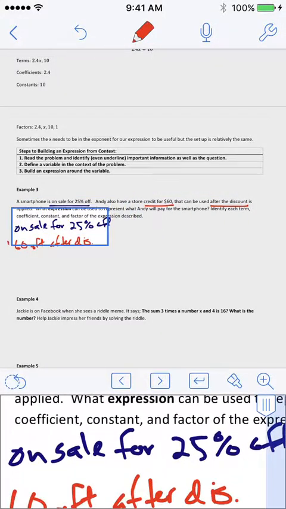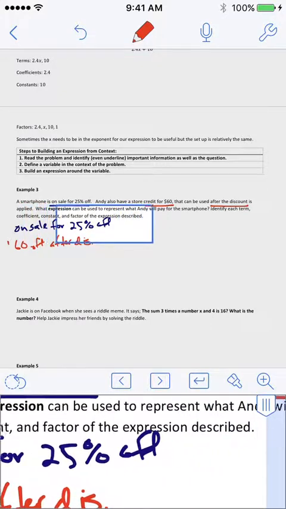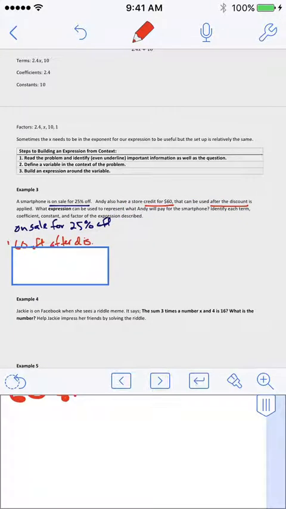Okay. Now, from the question, we're going to get our x, right? What expression can be used to represent what Andy will pay for the smartphone? So the expression, the whole thing, has to represent the smartphone, right? So what could x be? Well, x is probably going to be that original price of the smartphone, right?